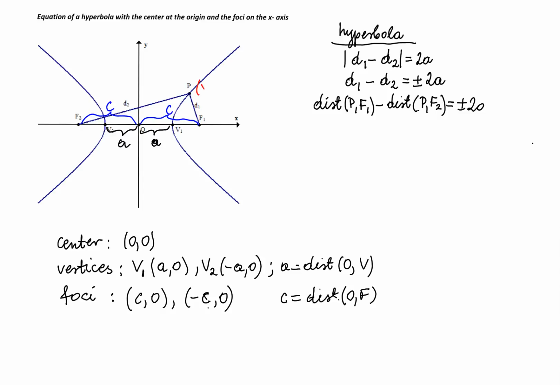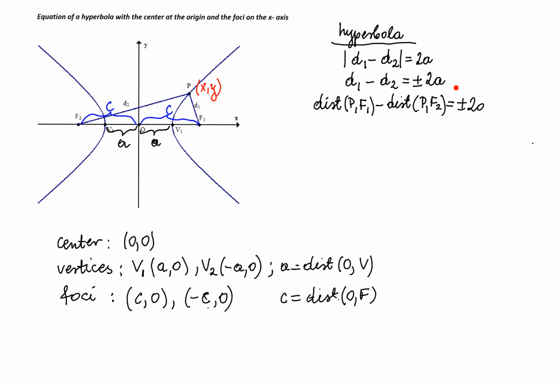Now let P be any point on the hyperbola, and let's say P has coordinates x and y. We want to obtain the equation that describes the relationship between x and y for any point on that hyperbola. We start with the definition of the hyperbola that says that it is a set of points P such that the distance d sub 1 minus d sub 2 in absolute value is equal to 2a.